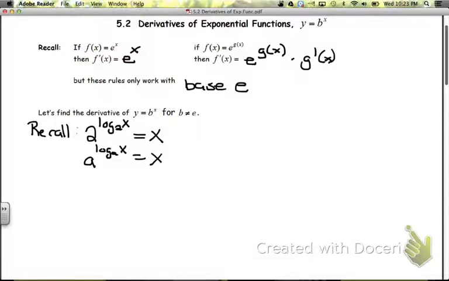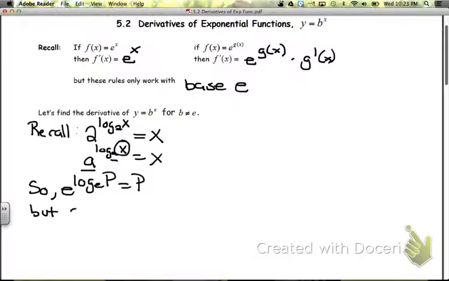So you notice anytime you have your base and the log to the base of a, so anytime those are the same, your function will just equal x. So, therefore, e to the power of log base e of p is equal to p, just following those rules.